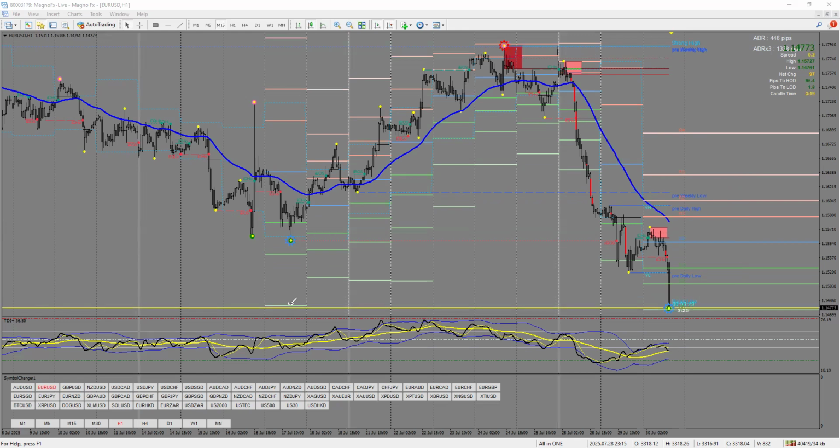In this example, we're going to start from a low and we need price to start moving up, right? Create a high. And then when it pulls back, we don't want it to go back down to this low. We want it to make a higher low. Once it does that, then we have ourselves an entry.